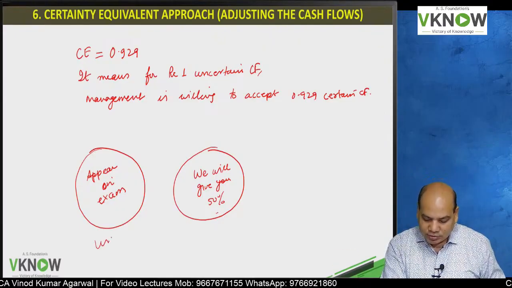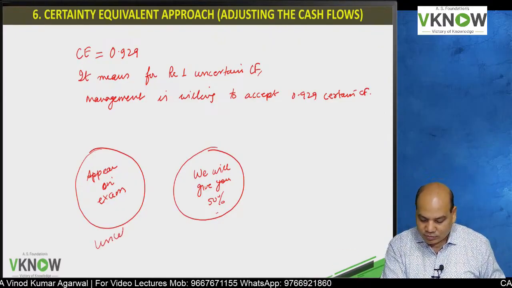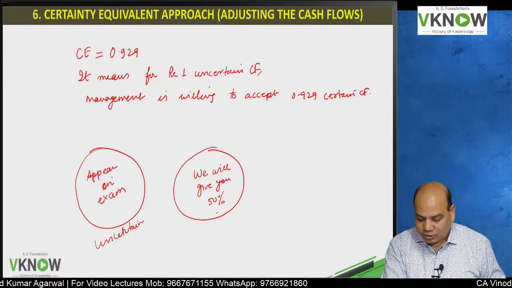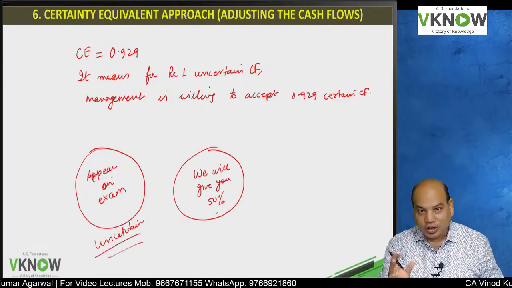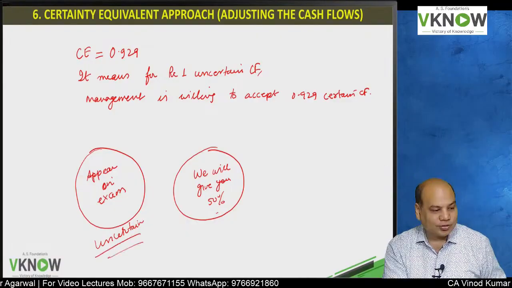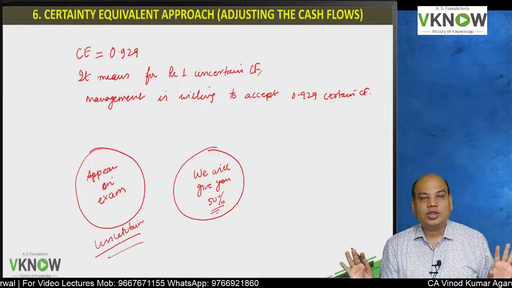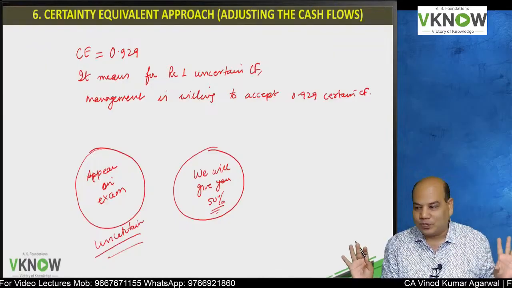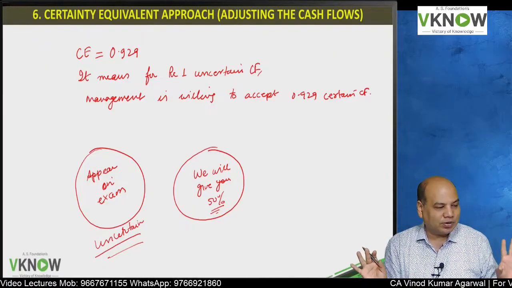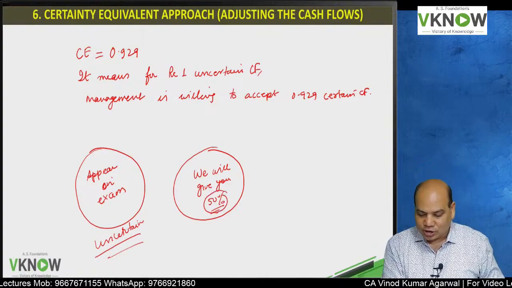This is uncertain, which you can get 70 also, 80 also, 90 also, but against this, if institute is willing to give you 50, you say yes, I am happy with 50, then this becomes certain cash flow.